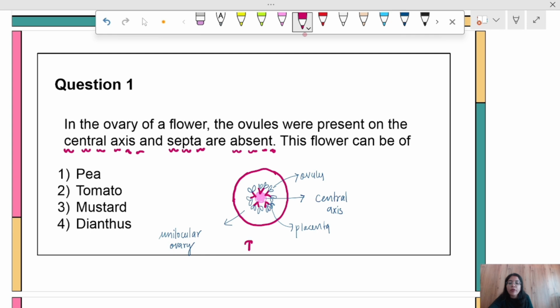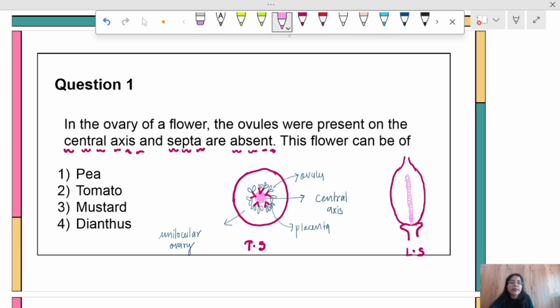If this is the TS of the ovary, and if you see the same ovary in longitudinal section, LS, you will be observing it like this.